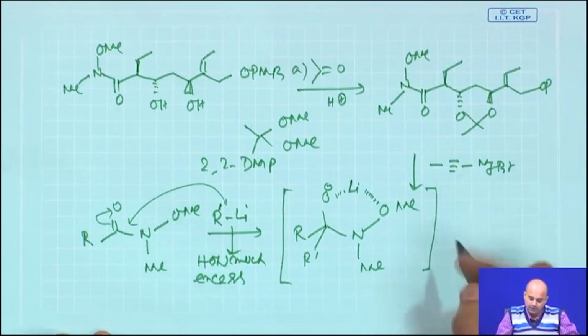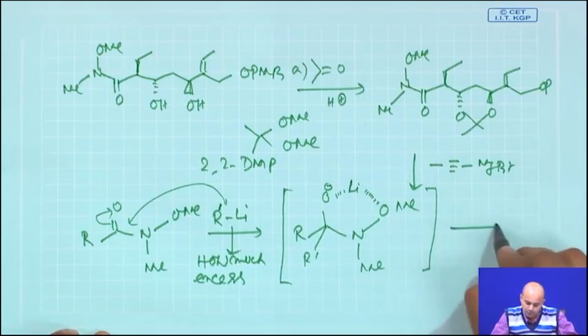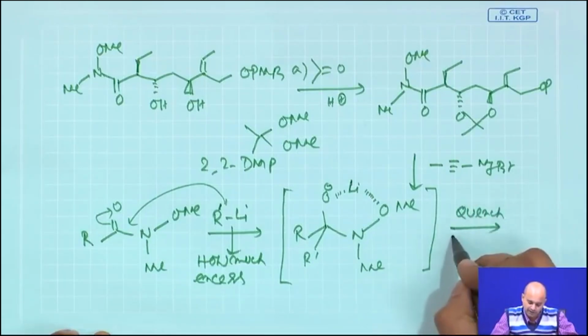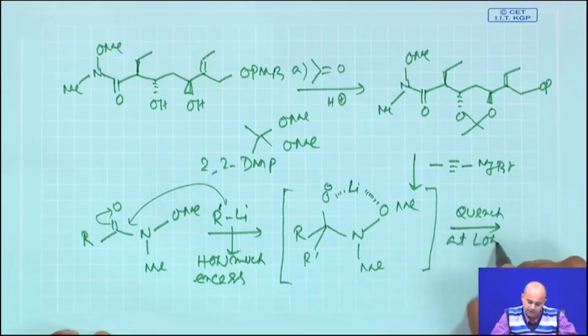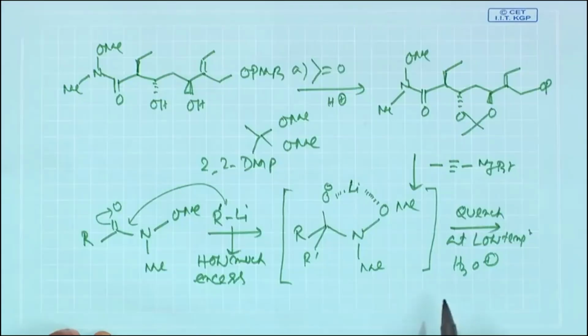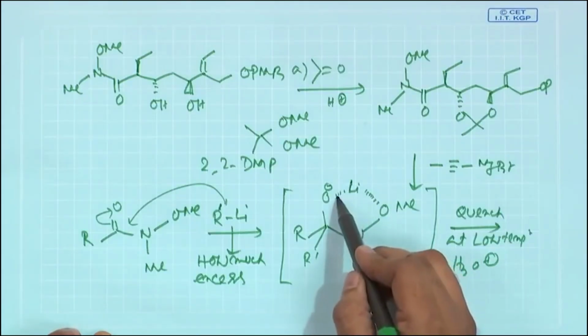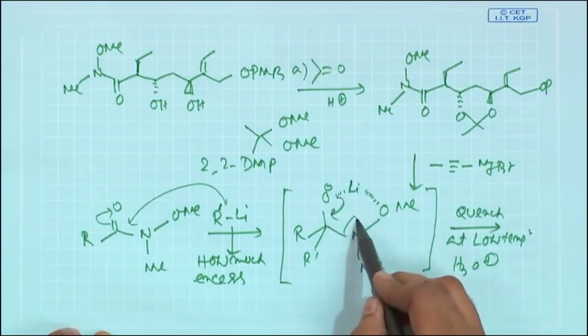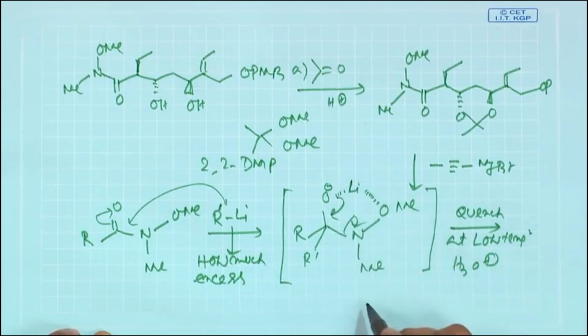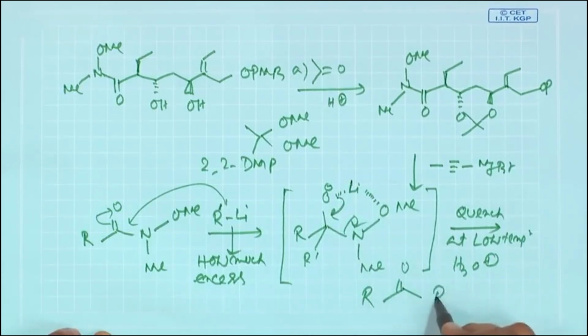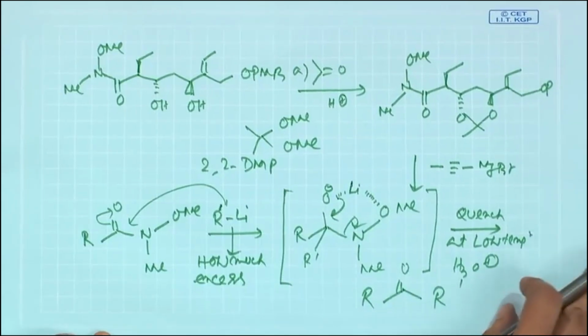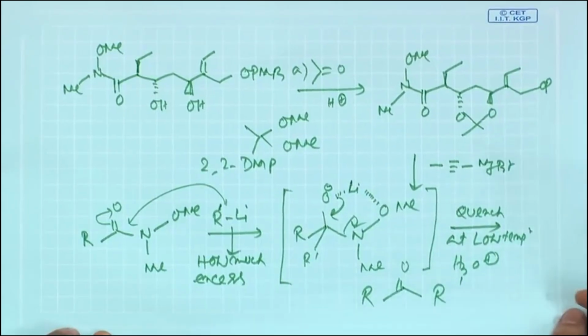Now, you can quench the whole reaction mixture at low temperature through acidic workup. Basically, it comes here and gives you back the corresponding ketone without getting the tertiary alcohol.